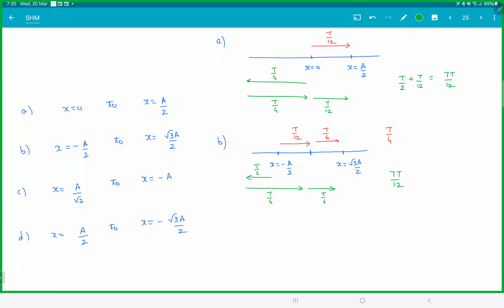There's very less physics in this. Clear? What about the third answer?